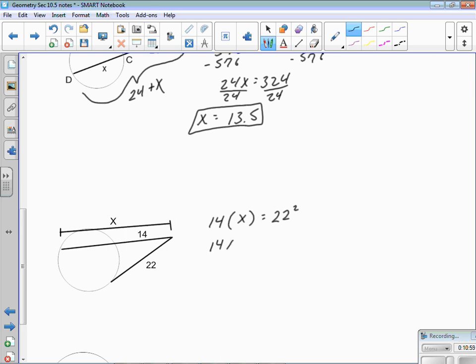So 14x equals 484. Divided by 14, x equals 34.57. And that one's rounded.